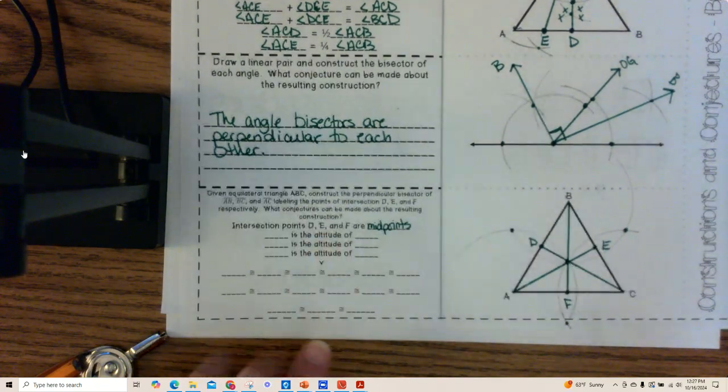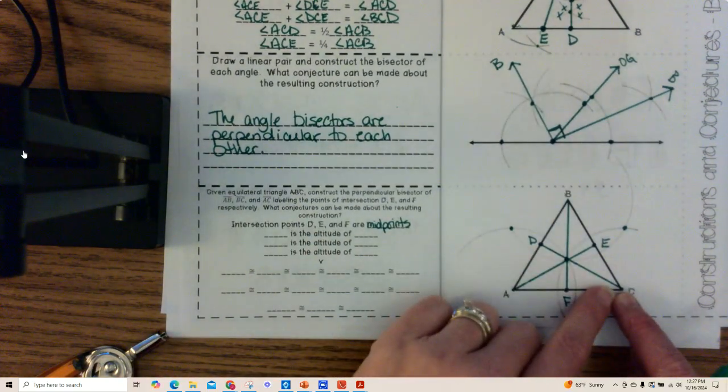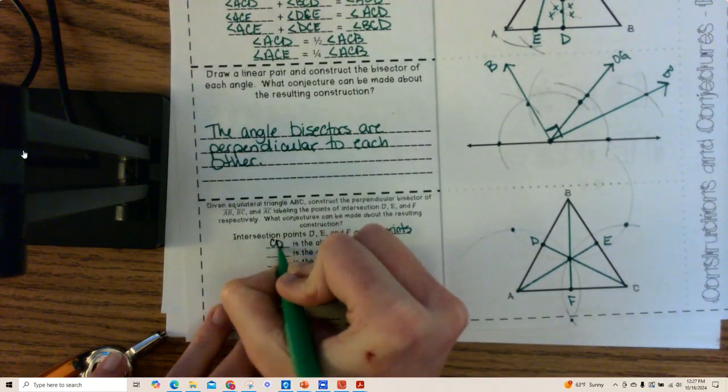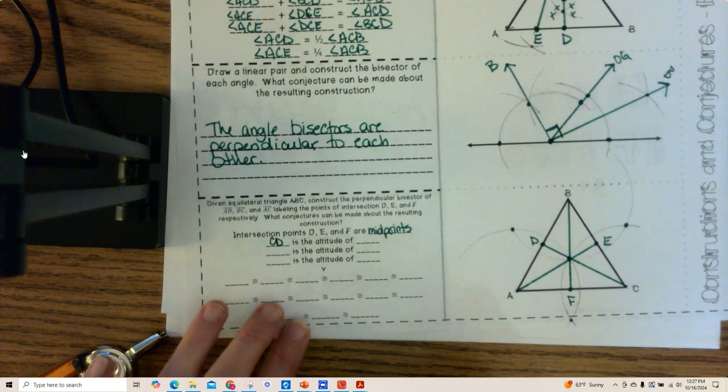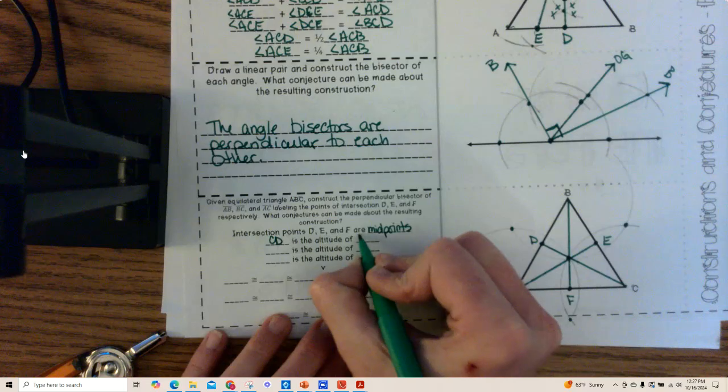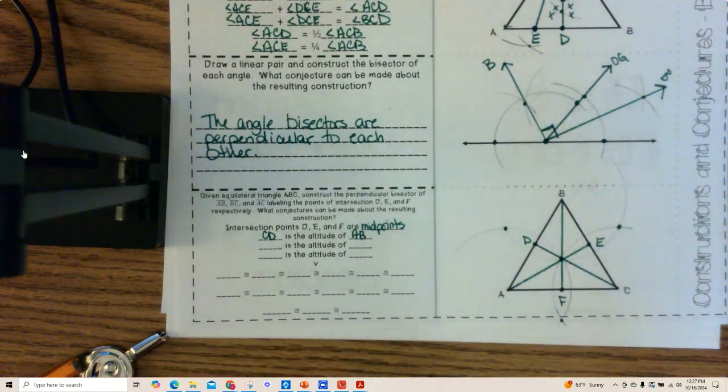Altitude. So CD, this right here, that line that we drew. CD is the altitude of side AB. So knowing that information, can you come up with a definition of the altitude of a triangle?